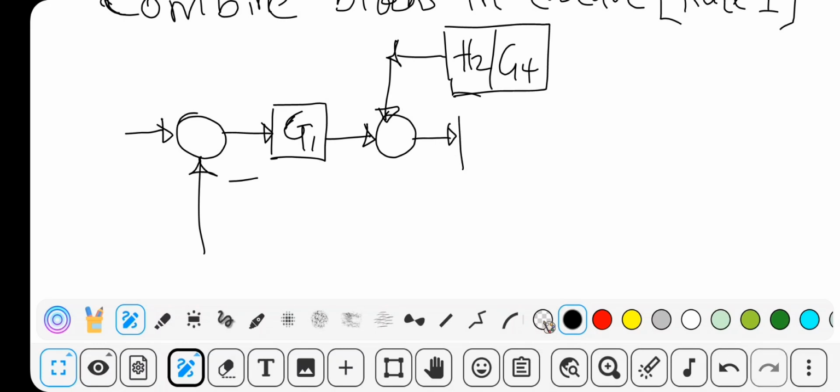Then after combining this, you have G2 G3 G4 divided by 1 minus H1 G3 G4.